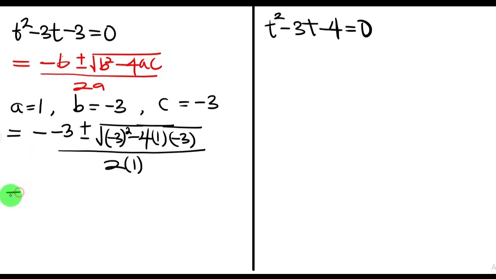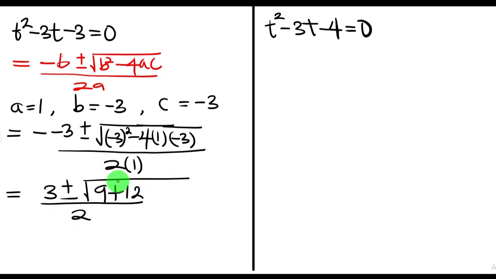Definitely here I have 3 because minus multiplied by another minus is going to give me plus, so plus or minus the square root of minus 3 squared, which is 9, then minus 4 multiplied by 1 multiplied by minus 3, that's going to be plus 12, everything over 2a, which is 2 times 1, and I have 2.